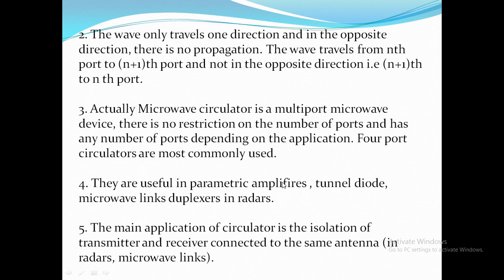Here the microwave circulator is a multi-port microwave device. It is useful in parametric amplifiers, tunnel diodes, microwave links, and duplexers in radars. The application of the circulator is the isolation of the transmitter and receiver connected to the same antenna.